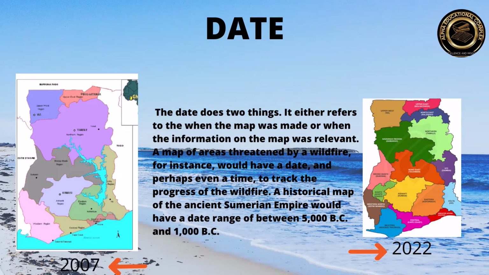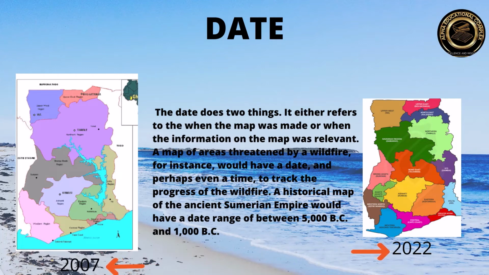Let's take this example. Let's talk about the political map of Ghana, or administrative regions of Ghana. We can have a map dated 2007 drawn for Ghana. We can also have a map for the same country drawn in 2002. Their dates reveal when the maps were made, but with reference to the 2007 one, the information on it gives you information which is in the past form or which cannot be used in the modern Ghana.